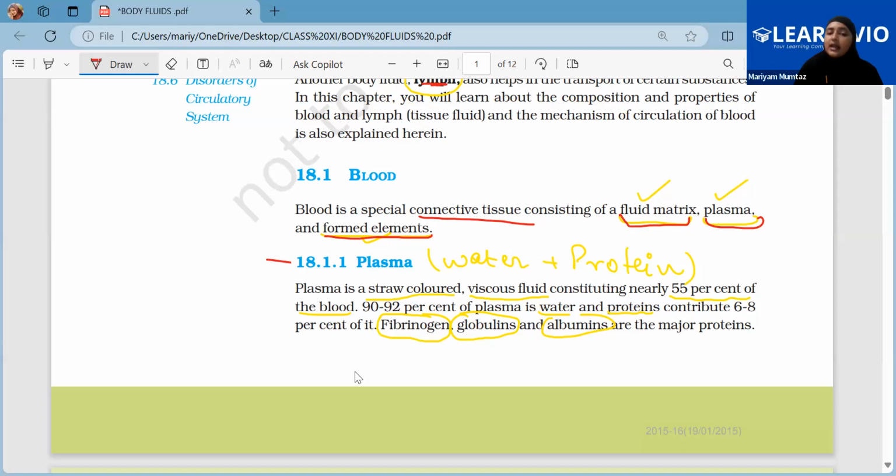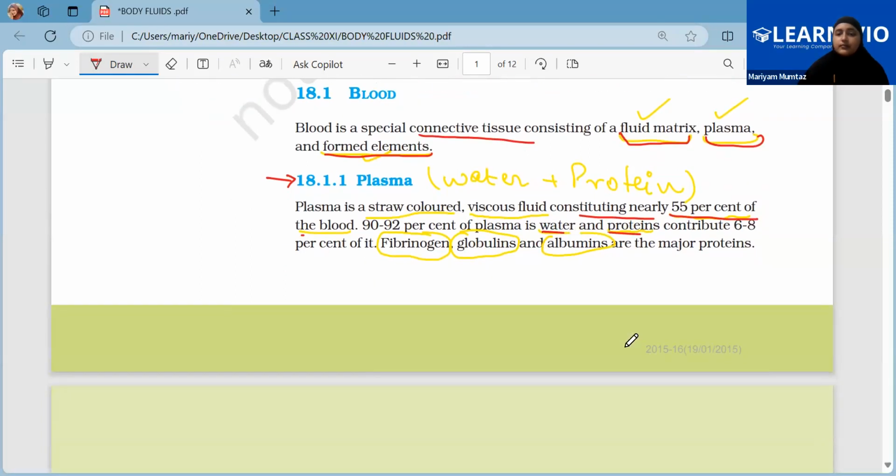Plasma is a straw colored, light yellowish, viscous fluid constituting nearly 55% of the blood. 90 to 92% of plasma is water, and protein contributes 6 to 8% of the plasma. Fibrinogen, globulins, and albumins are the names of the major proteins found in the plasma.